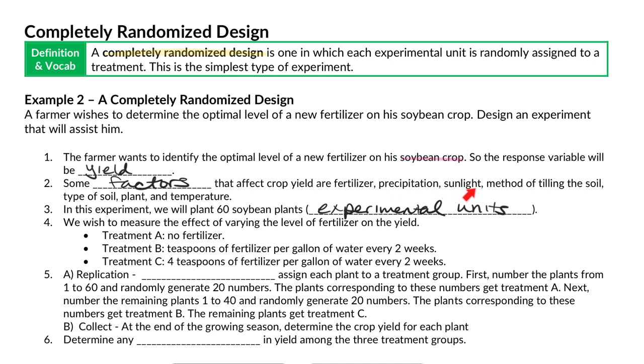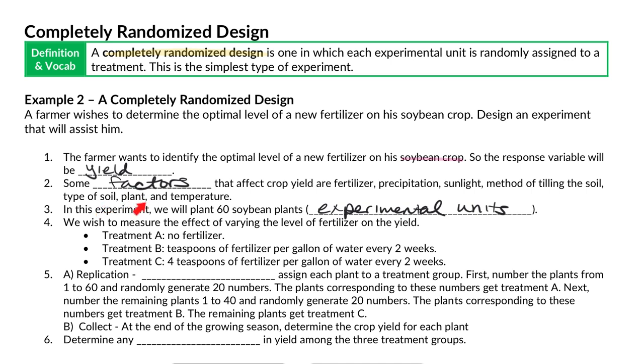How about sunlight? Can we actually control that? No, but again, they're all in the same field, so they're going to get approximately the same amount of sunlight. The method of tilling the soil, we make sure that we're preparing the soil in the same way so that that doesn't happen to be some sort of lurking variable. The type of soil we're going to use, we really can't control, but again, when it's one plot of land, we can generally say the soil is going to be the same.